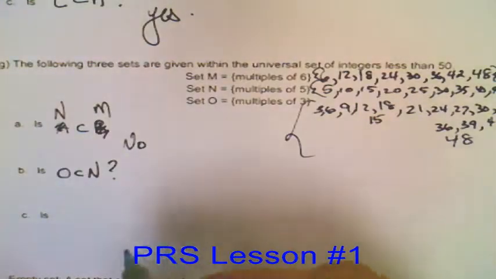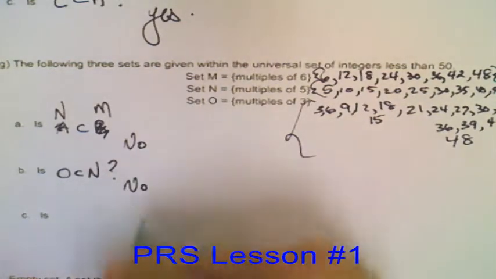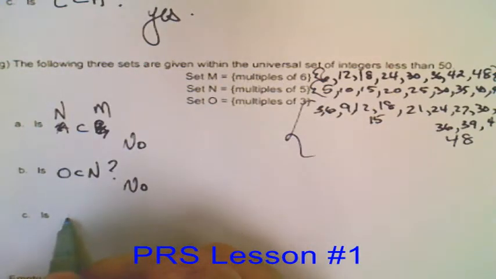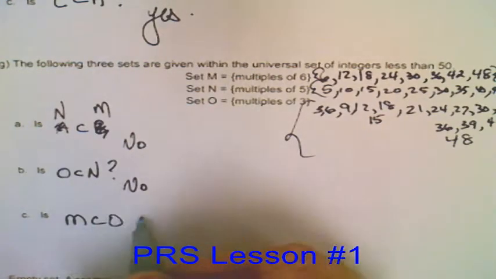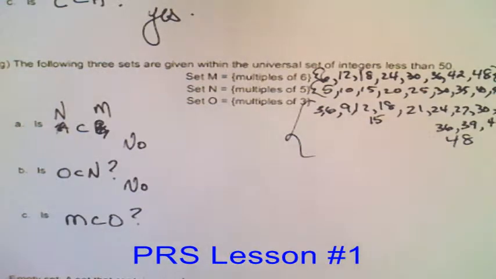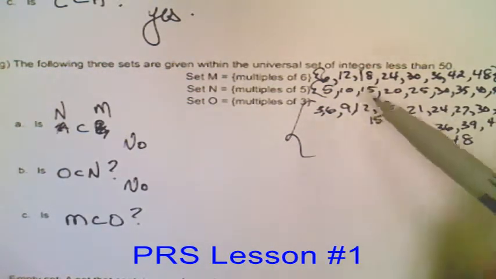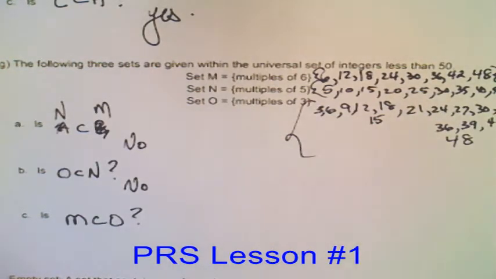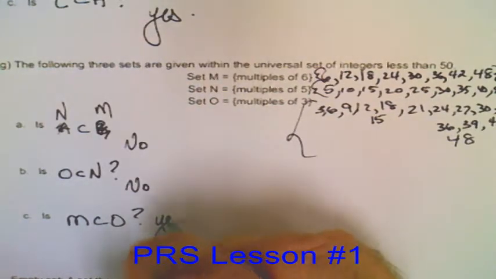Okay, I could ask, is O a subset of N? Okay, so O is much, much bigger. O has more things in it than N. How possibly could all the things in O be in N? So no, that's not true. That's not possible. Okay. Then I could ask, is M a subset of O?